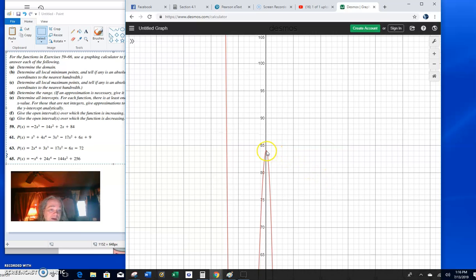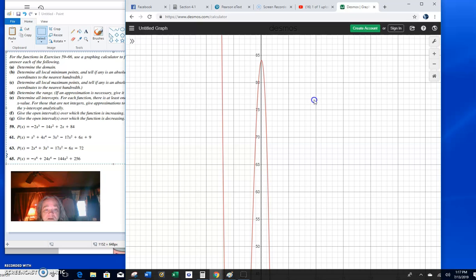And here's a local maximum point. And it happens at the ordered pair 0, 0.84. And that just happens to be your y-intercept for the function, or where the graph or the function crosses the y-axis.